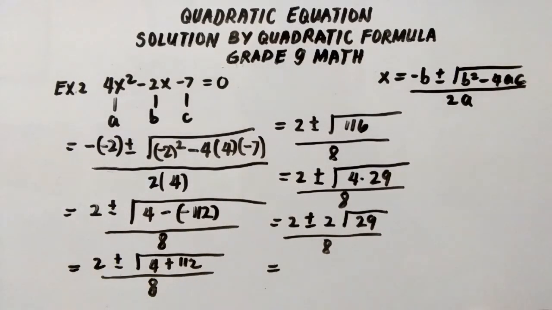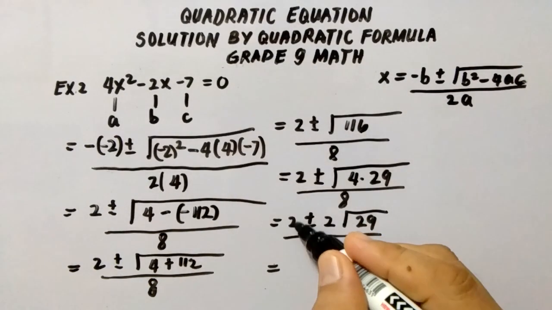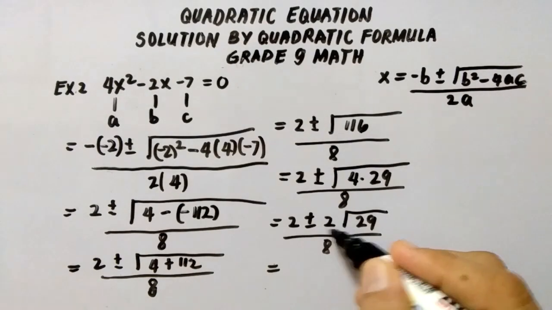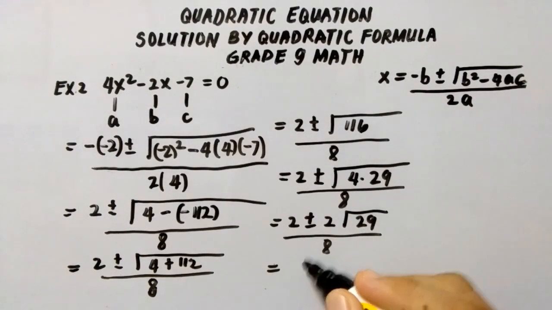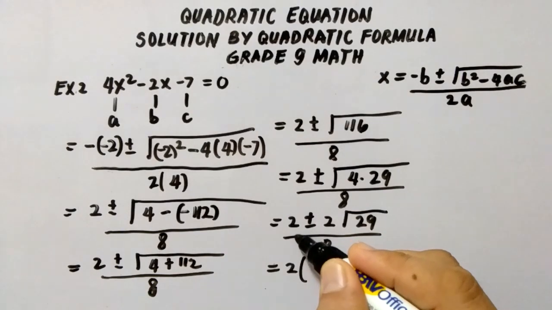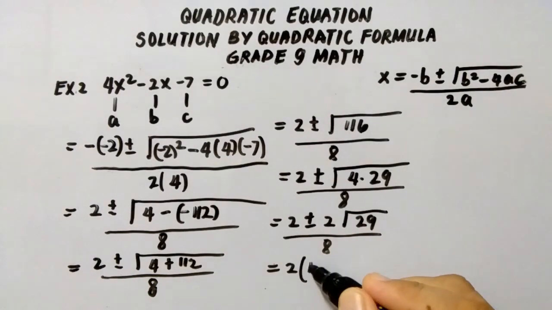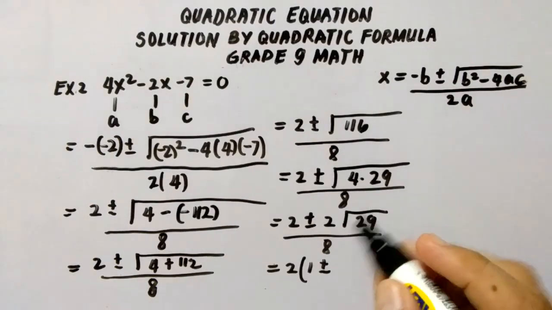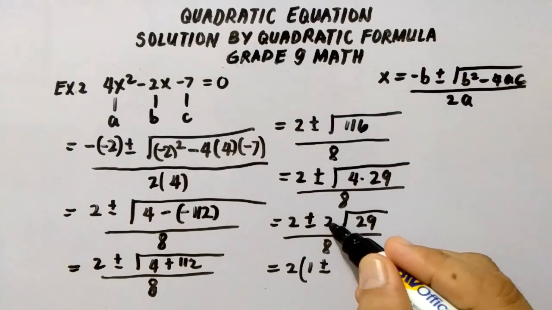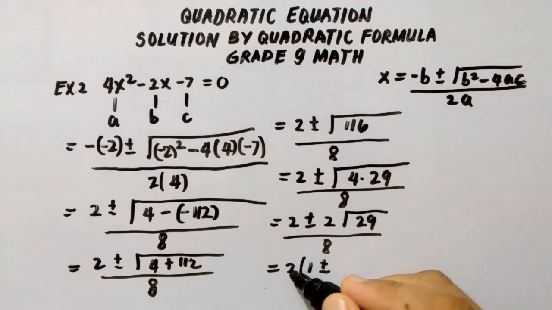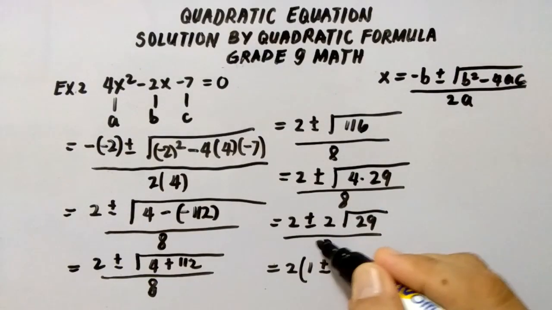Then, equals. So, kunin po natin yung common factors. So, we have 2 na pwede po natin gamitin common factors. So, ilabas po natin dito. Then, times the quantity. So, 2 divided by 2. So, we have 1. So, 2 times 1, we have 2. Then, copy, positive and negative. Then, 2 square root of 29 divided by the common factor, 2. Okay, so makakancel po yun ng 2, no?